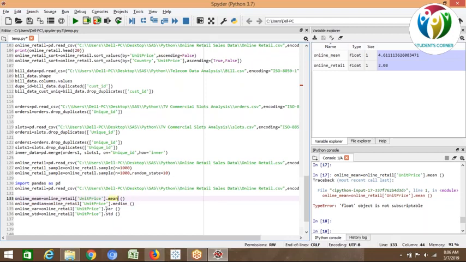Can you remove those spaces? Okay, can you run now? No. It was running before, mean and median were running. Even mean is not running.